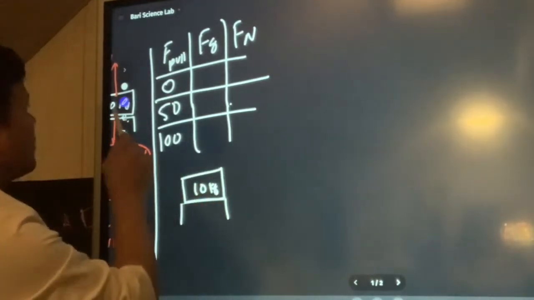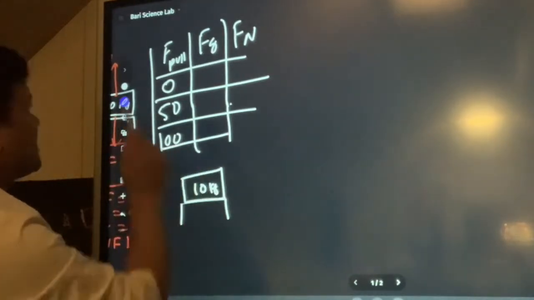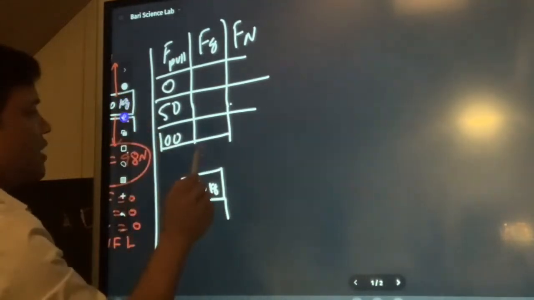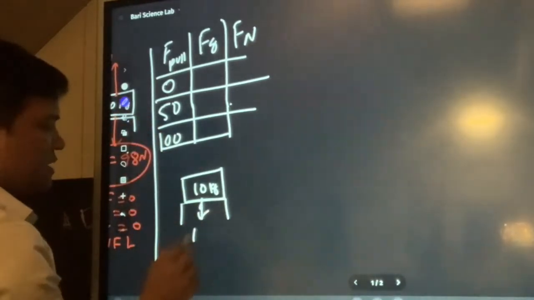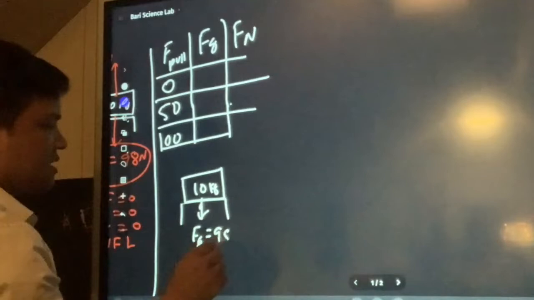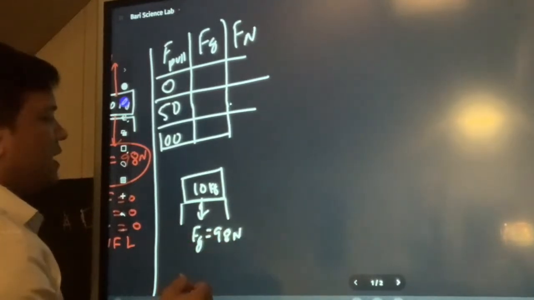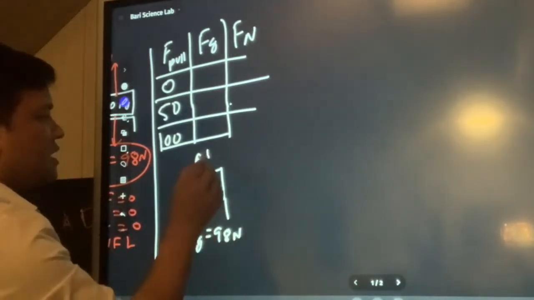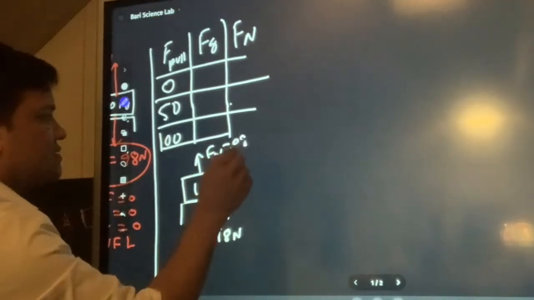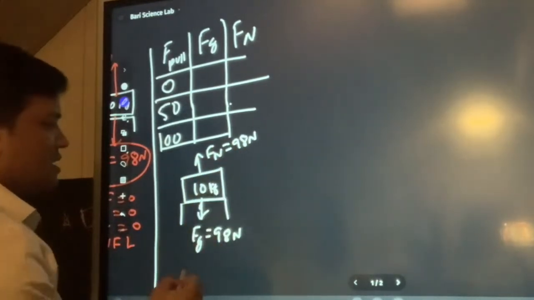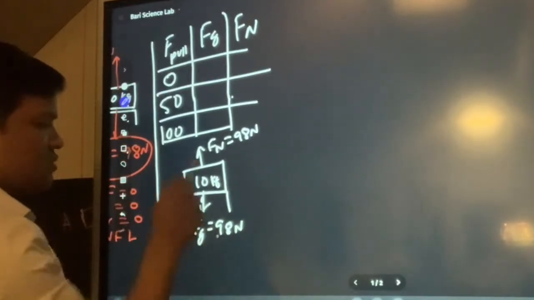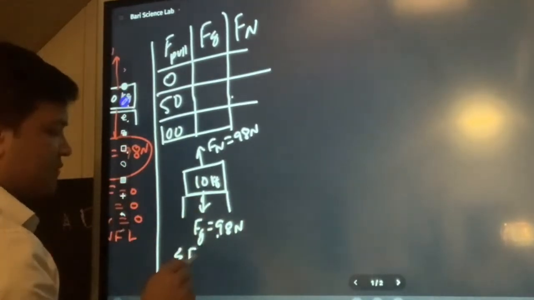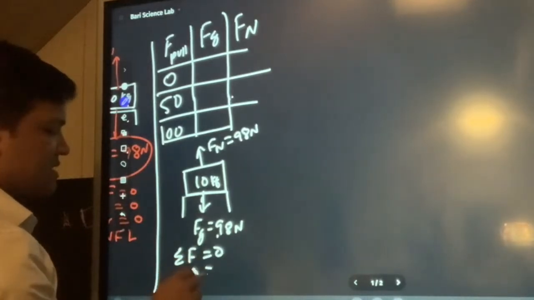So now the weight is, as I said many times, by now you know how to find the weight. Weight is 98 Newton. Okay, and normal force would be equal in magnitude but opposite in direction, because the towel wants to keep the box at rest, so they cancel each other, making the net force 0, making the acceleration 0, and making the velocity 0.